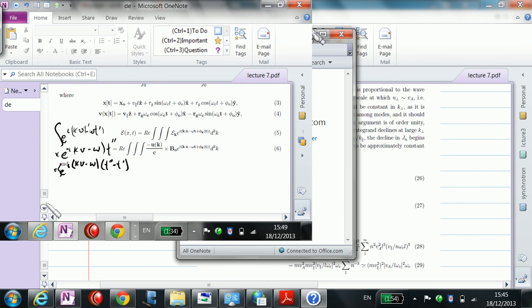is over t double prime and t prime, but the integral depends only on the difference between the two.